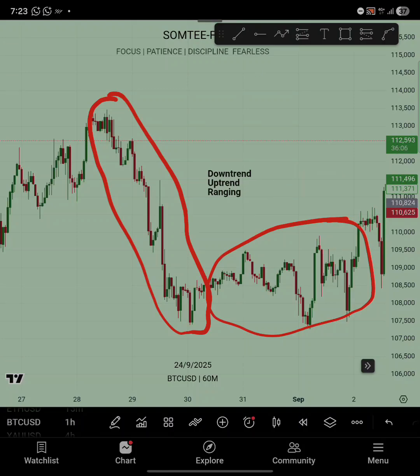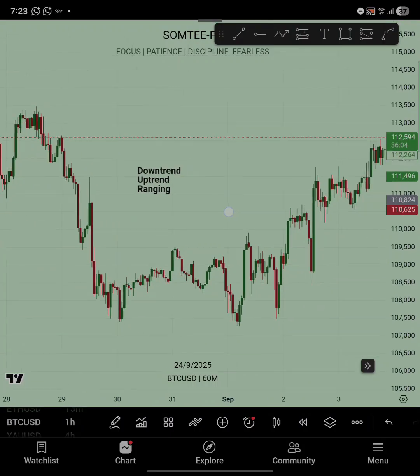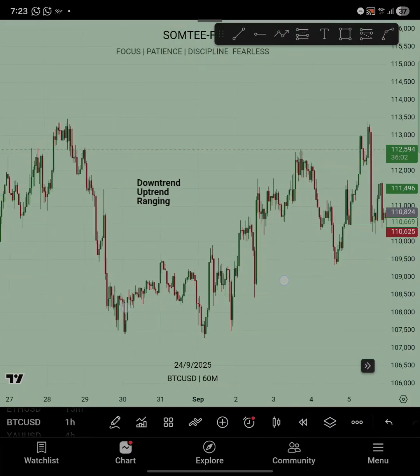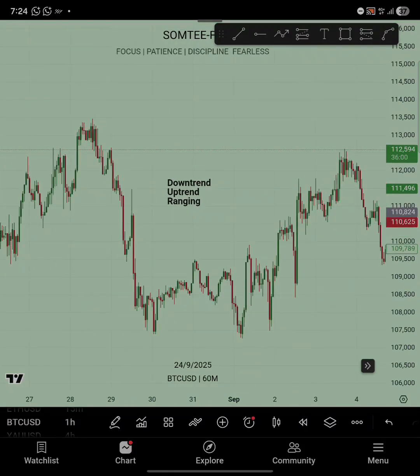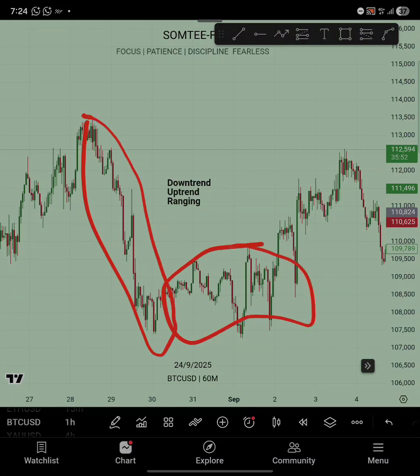Let me bring it a little closer. Let's do it again. From here is a downtrend. From here is a ranging market. Not a ranging market where you can actually take a trade. A ranging market can also signify that the market is in the same direction. That is what it is.